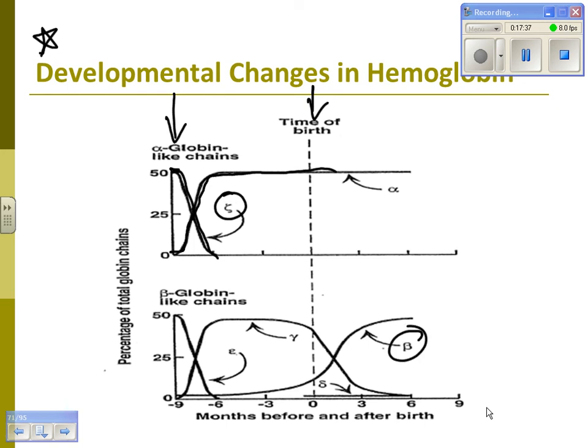A popular one is beta hemoglobin. Beta here is turned on at birth, but it doesn't increase to significant amounts until after birth. Turned on at conception, significant amounts after birth. This guy here is turned on right before conception.